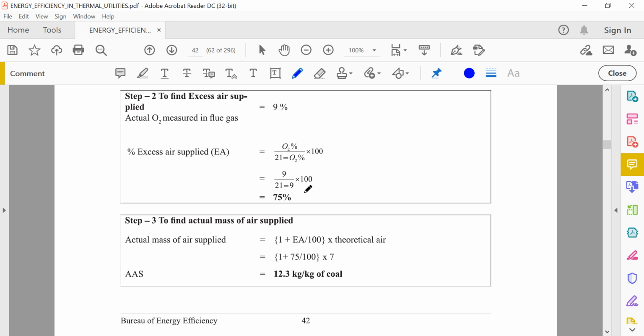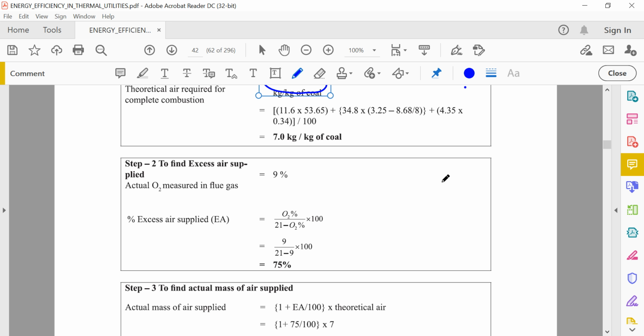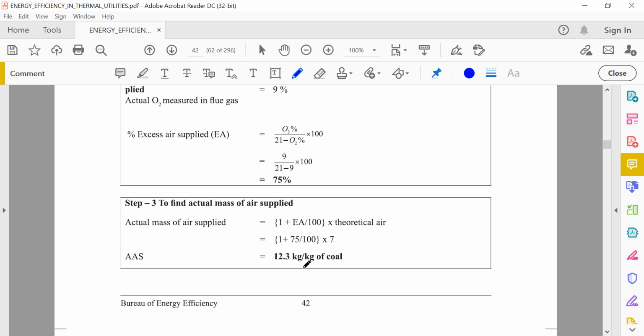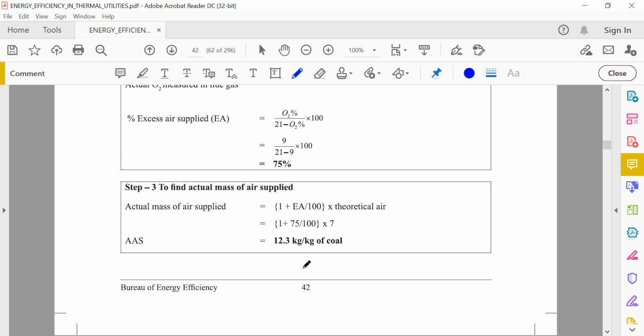And from here we are getting that 75% of excess air is there. So now we know that the actual air requirement was 7 kg, but as 75% excess air is there, the total amount of air supplied is 7 multiplied by 1.75, that is 12.3 kg of air we are getting for 1 kg of fuel.